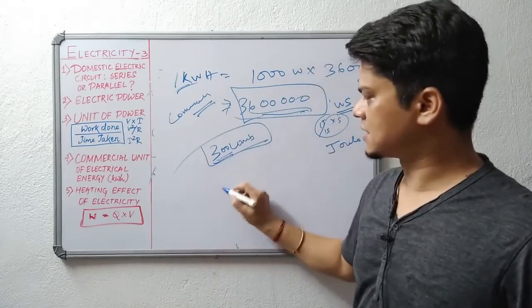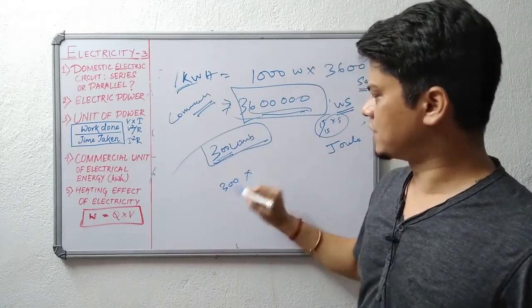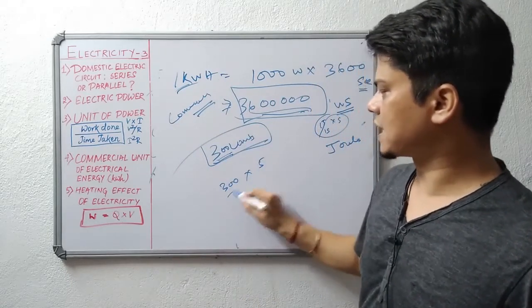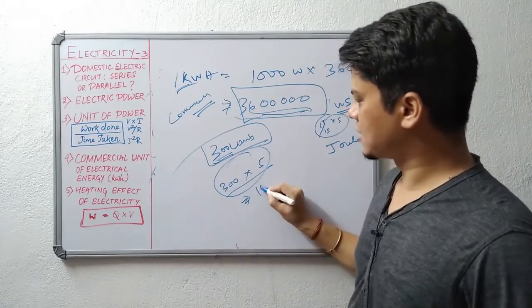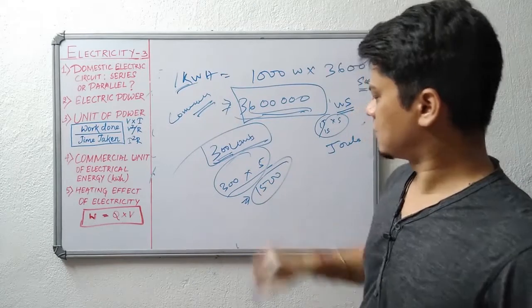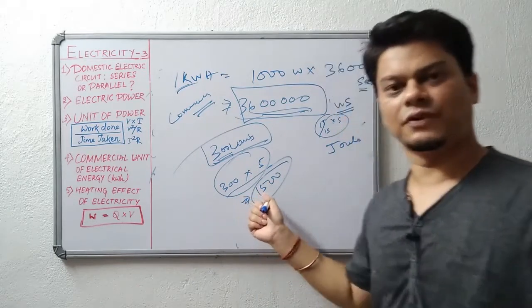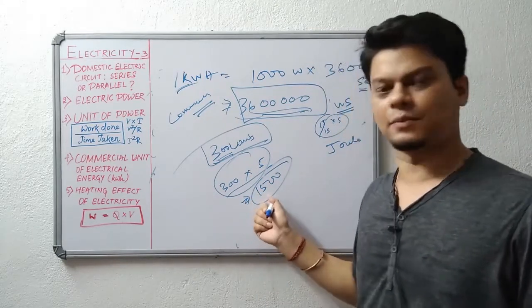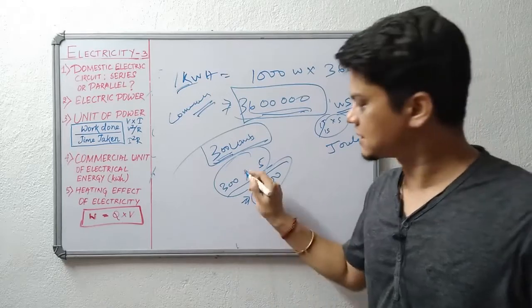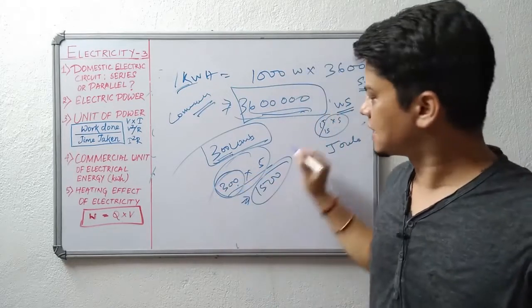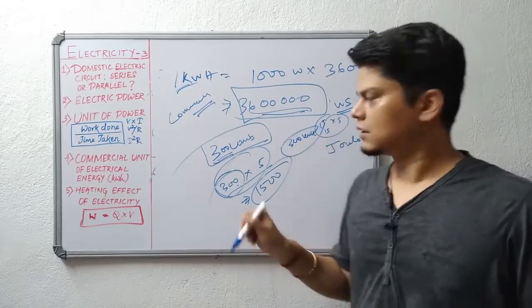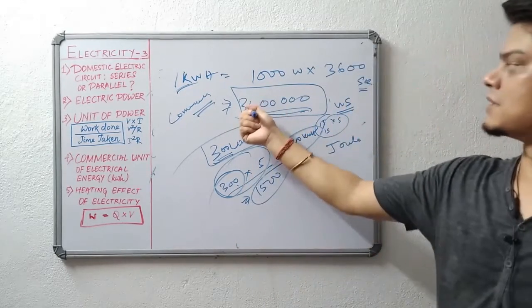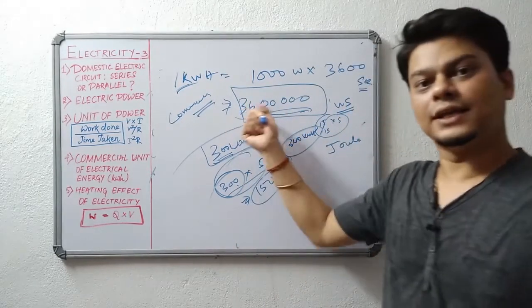Suppose 1 unit is 5 rupees, so 300 into 5, the bill is 1500 rupees. You have to pay this amount. So 300 kilowatt hours is a very huge amount of energy you have used.